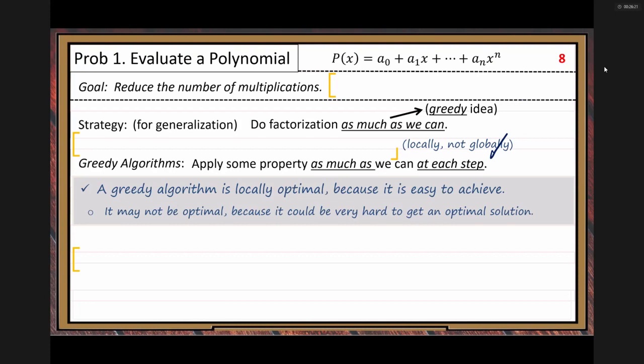Extremely hard. You can apply some greedy strategy to get a local optimal solution, but it's far away from the globally optimal solution. Global optimal solution, nobody can find it. Too hard. That's why it's an NP problem.